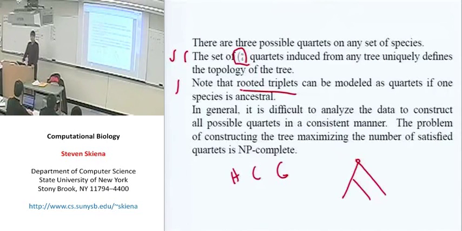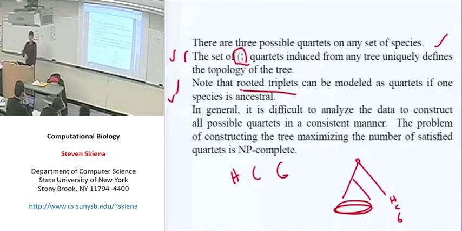I claim that the outgroup can be either human, chimp, or gorilla, and the other 2 species have to sit there. Does everybody agree with that? So there are in fact 3 rooted triples, just like there are 3 unrooted quartets. So the problem is pretty much similar.